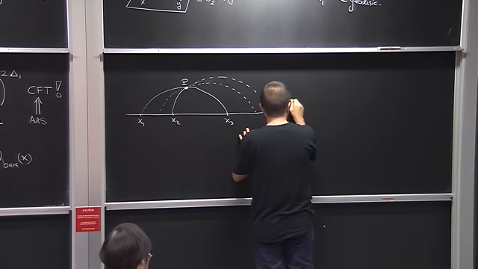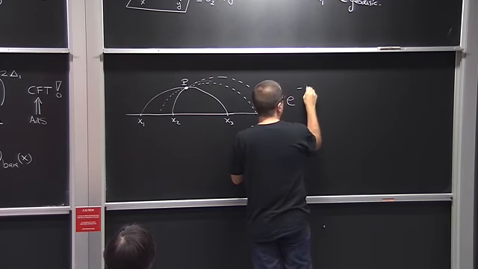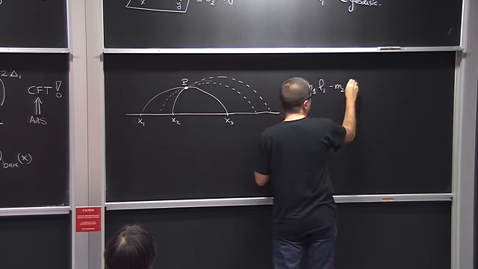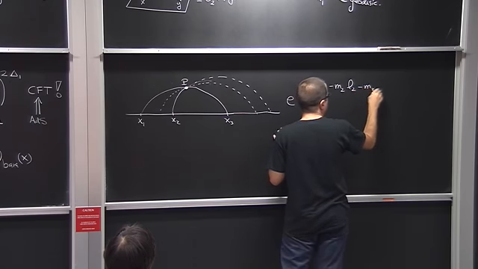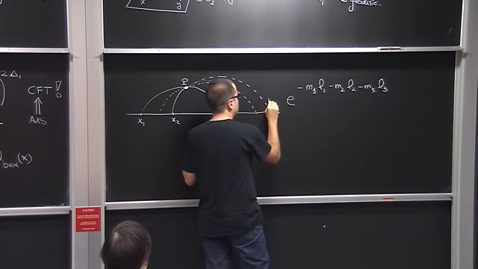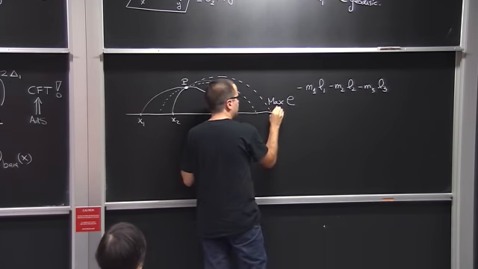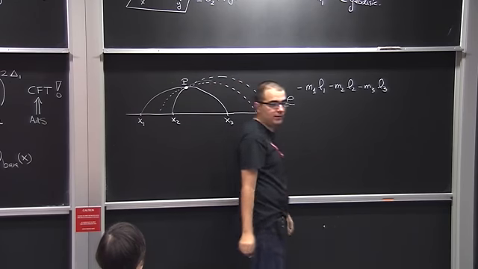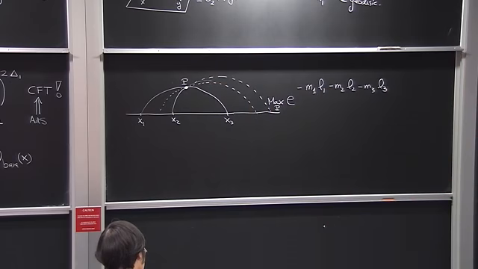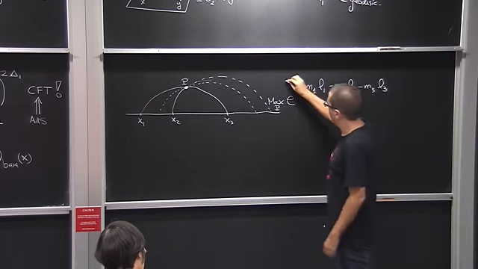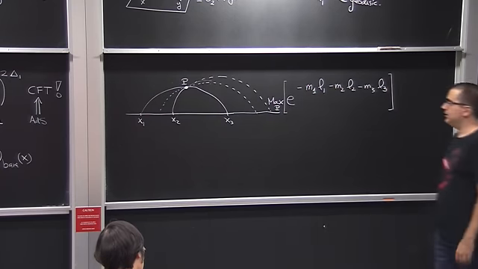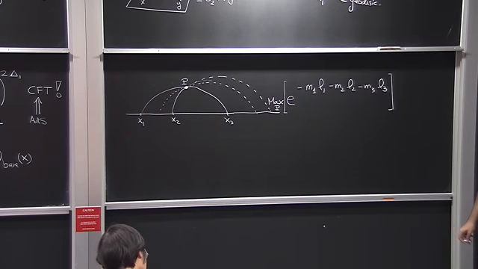What you want to do is consider e to the minus mass 1 times length 1 minus mass 2 times length 2 minus mass 3 times length 3, and find the maximum of this quantity by moving the interaction point, finding what interaction point gives the smallest possible exponent. This will be the process that will dominate this interaction inside AdS. Is it okay?